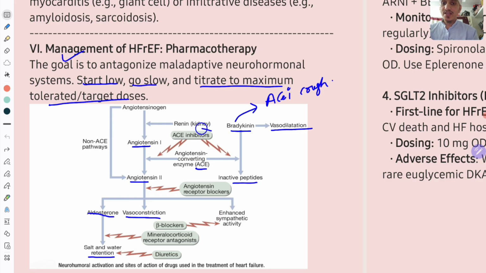See, ACE inhibitors will target the ACE enzyme here. Angiotensin receptor blockers will target angiotensin 2 receptors, which are divided again into types 1 and 2. Okay, so ARBs will target the receptors.